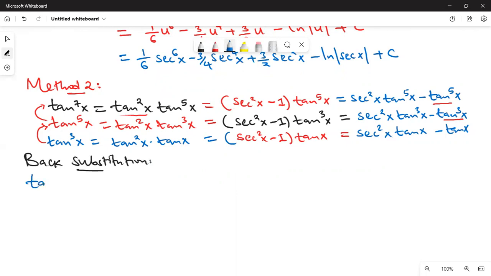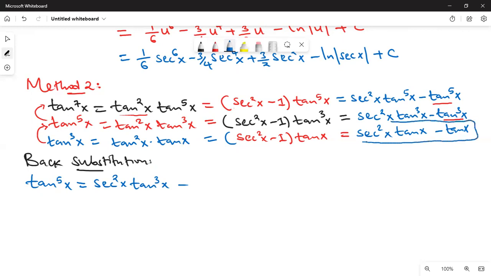Tan raised to 5 of x is equal to sec squared of x times tan cubed x minus tan cubed x, but we know tan cubed x to be equal to this whole expression.